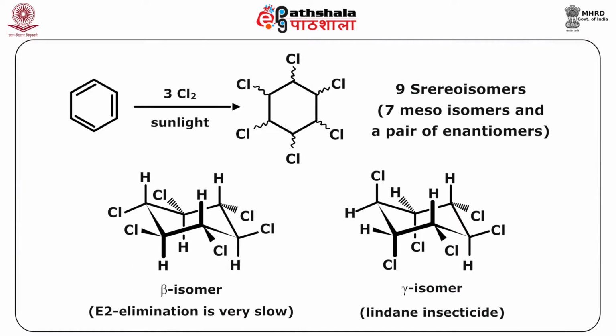Two of the 7 meso stereoisomers can be seen; the isomers primarily differ in the axial and the equatorial positions of the hydrogens and chlorines. Benzene in the presence of sunlight and 3 molecules of chlorine leads to the formation of benzene hexachloride.